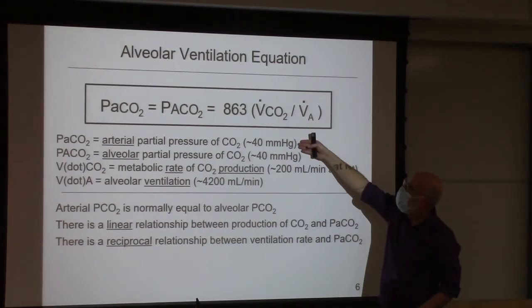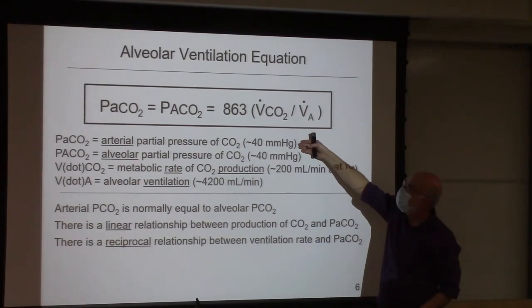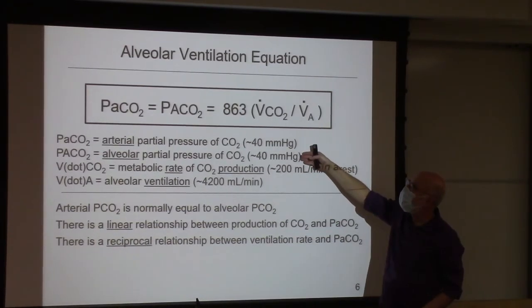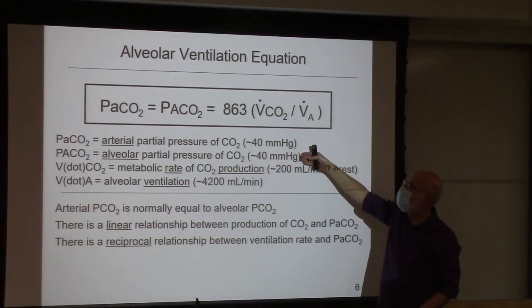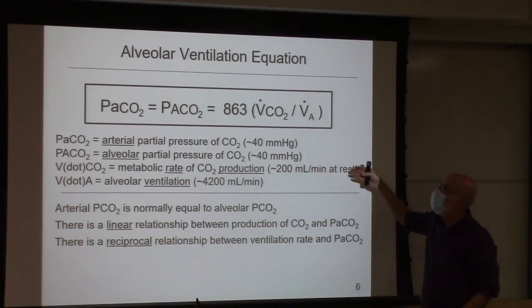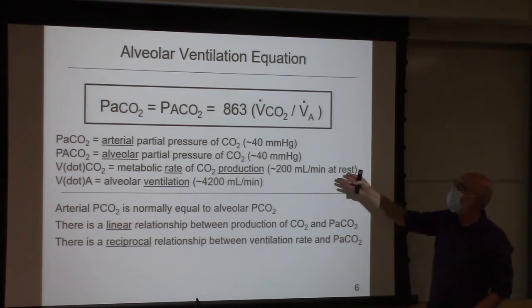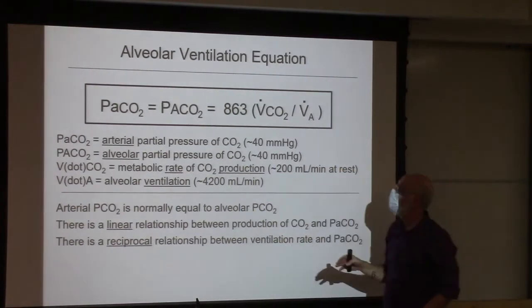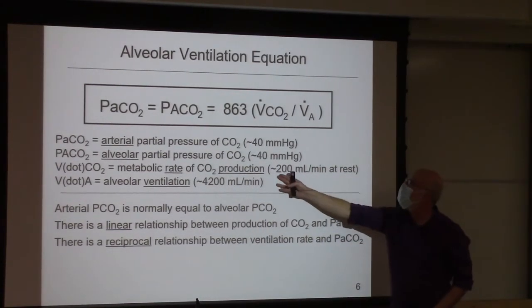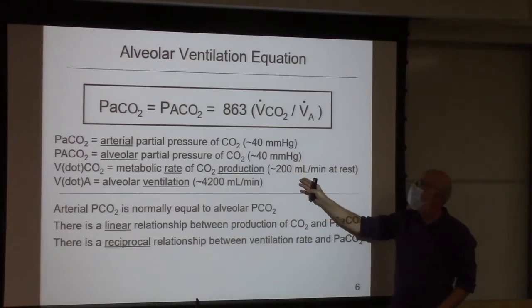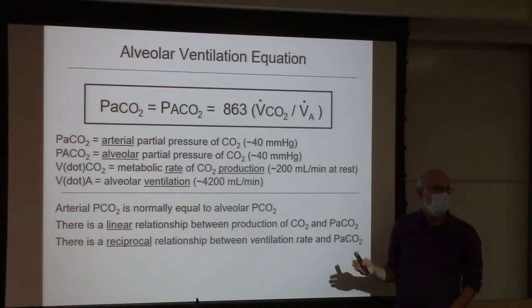So P little a CO2 is the arterial partial pressure of CO2. P capital A CO2 is the partial pressure of CO2 in alveolar gas. V dot CO2 is the rate of production. So it's a rate. It's producing CO2 in a volume per minute term.